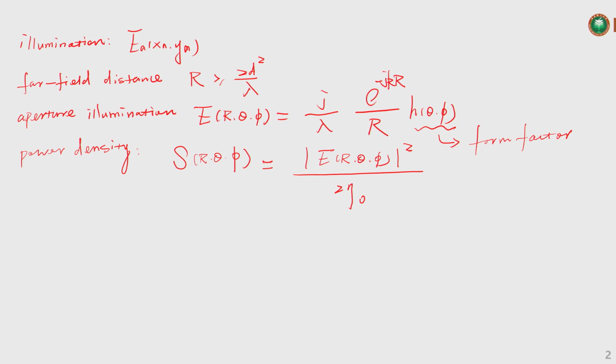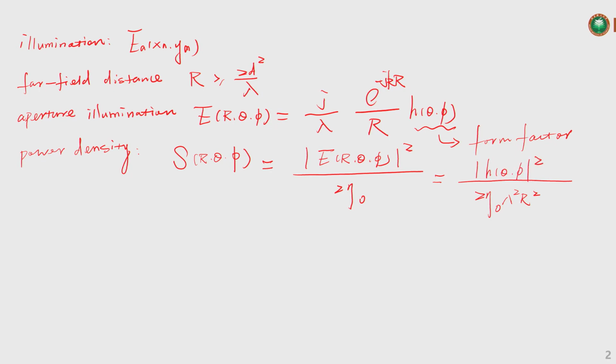And then it can be further evolved into the equation, with R squared divided by the form factor H theta.